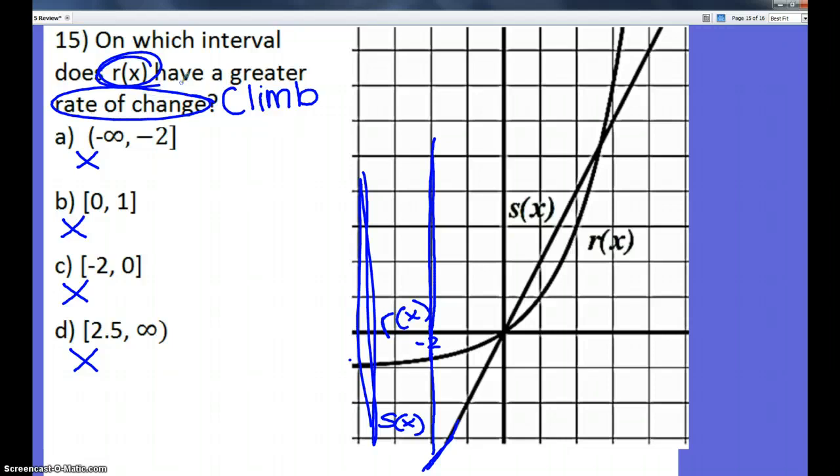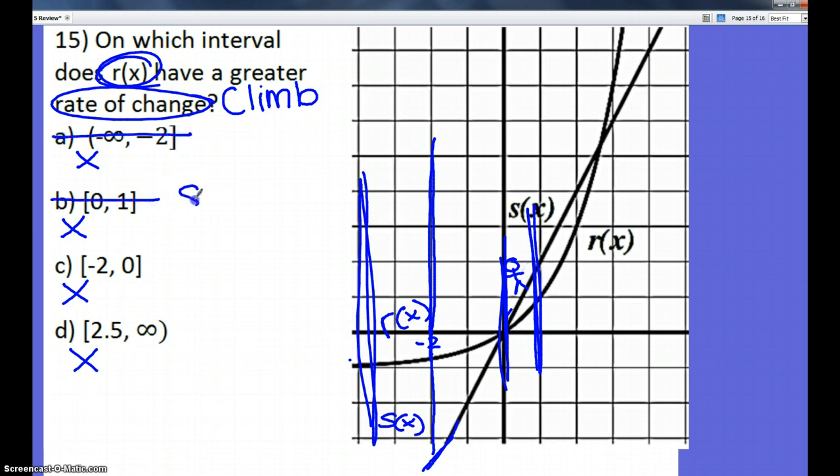So it's not there. We got 0 to 1. Well, again, it looks like this curved line is a little bit easier to walk up than this straight line. So that would mean the straight line here, s of x, would be steeper or a greater rate of change.